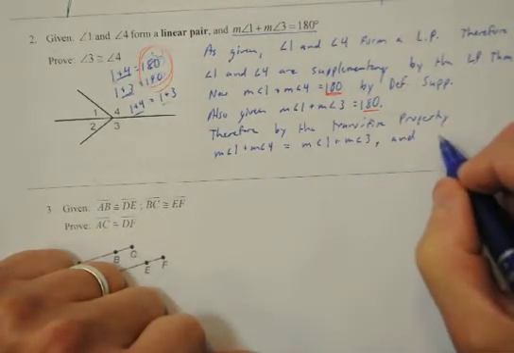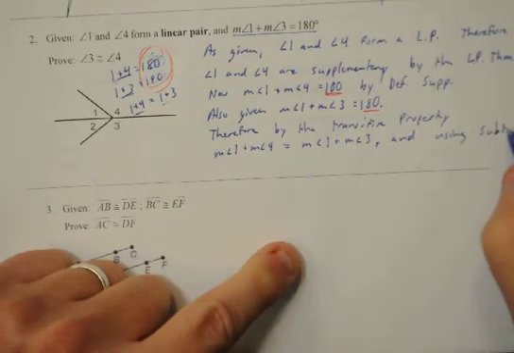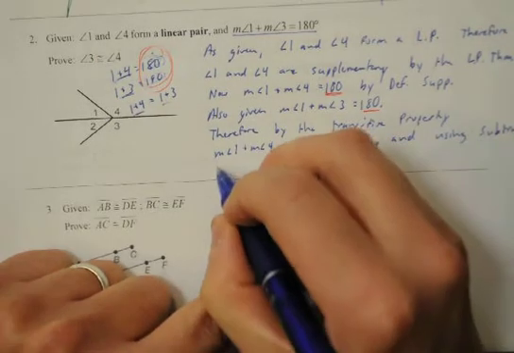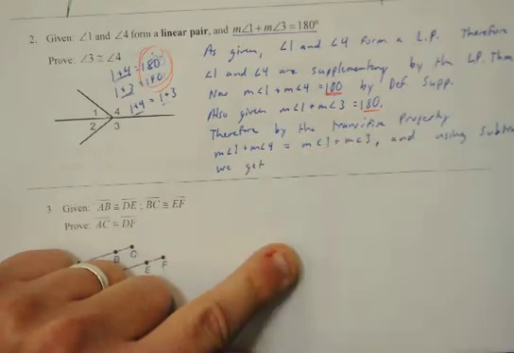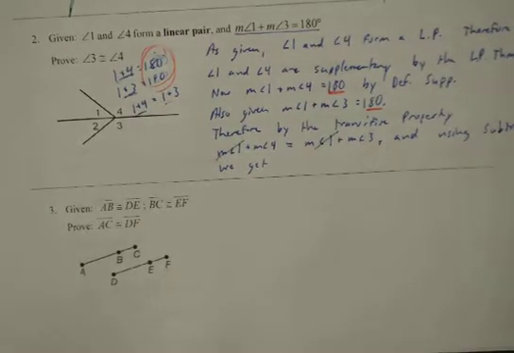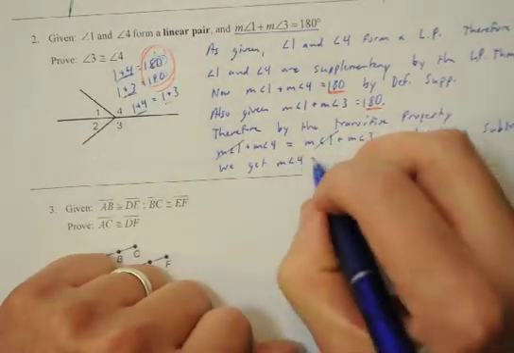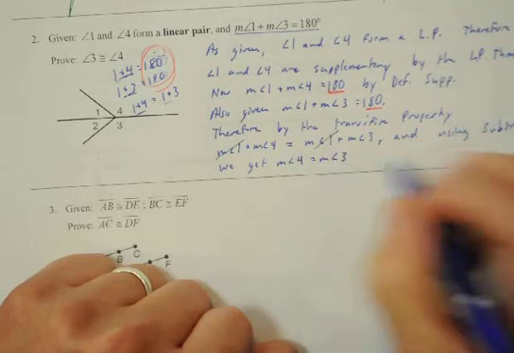And using subtraction, we can take the 1 out and balance the equation by taking the 1 out. We get that the measure of angle 4 is equal to the measure of angle 3.